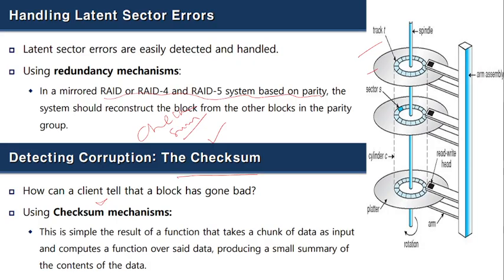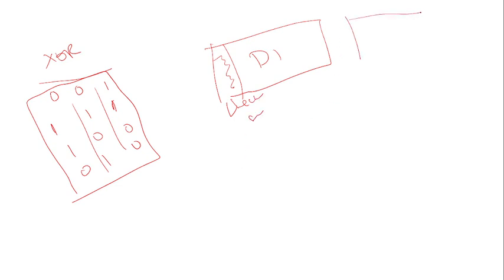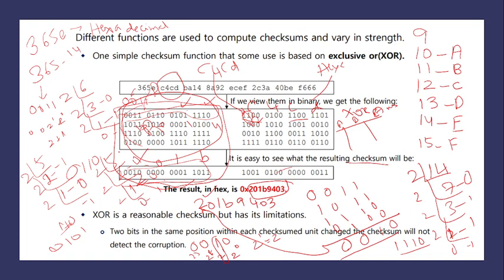So let's take an example. This is D1 and this part is the checksum. And next is D2. This part is the checksum.